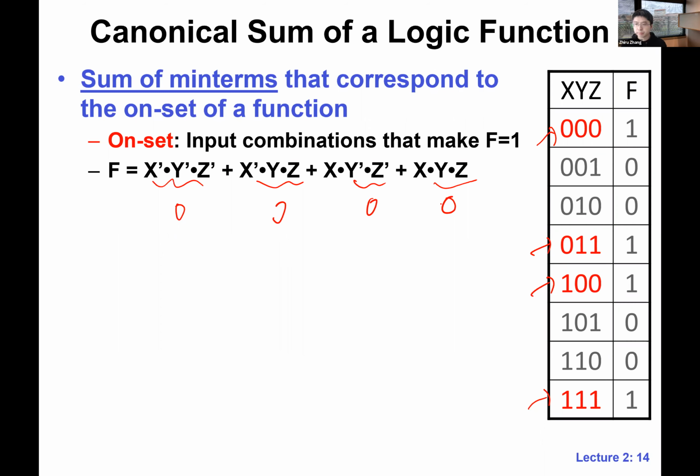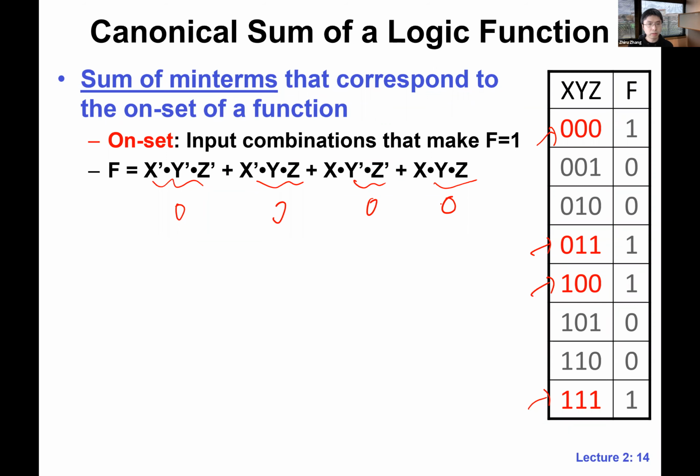This is one way to describe the function that we may or may not use the truth table for. But in this class, in most cases, we'll give you the truth table first and ask you to describe what the canonical sum is.